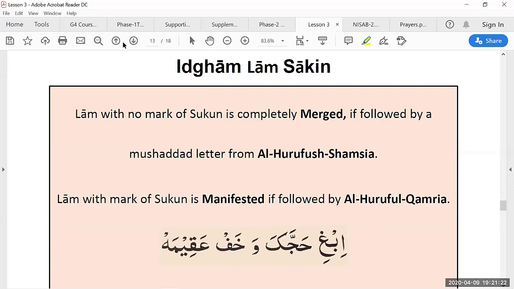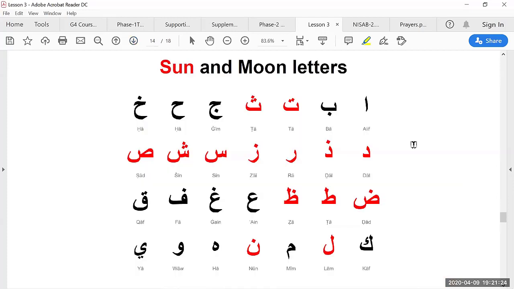Here you can see on the screen the letters which are considered huruf al-shamsiyah are in red, and the letters which are considered huruf al-qamariyah are in black. If you count them, you'll see that there are 14 of each of them.